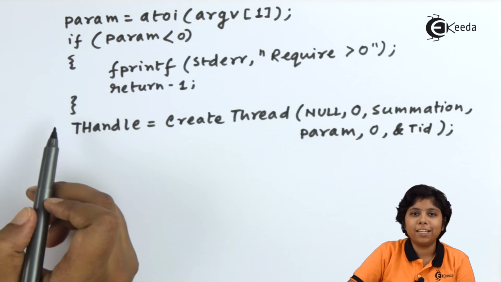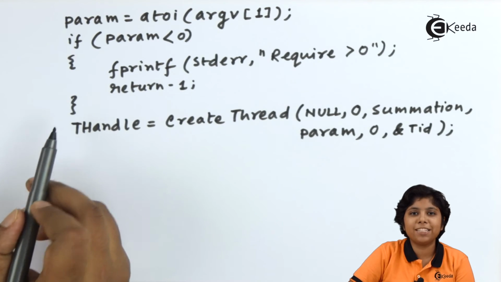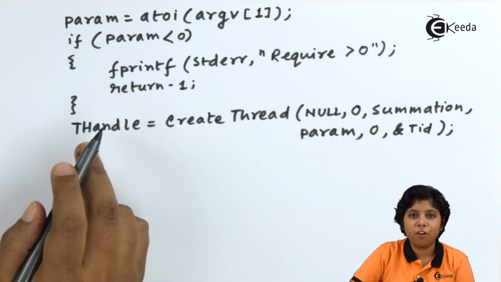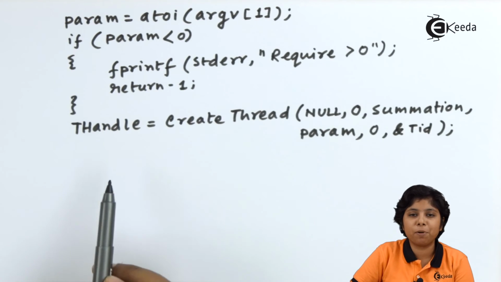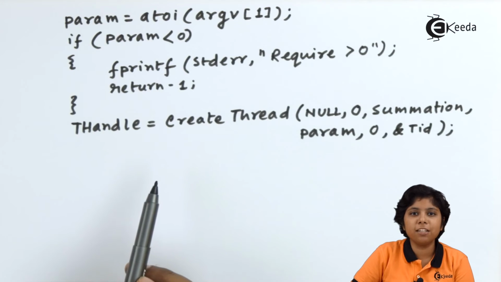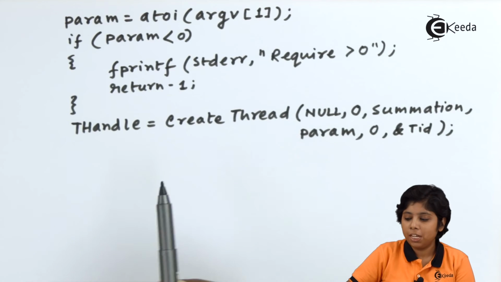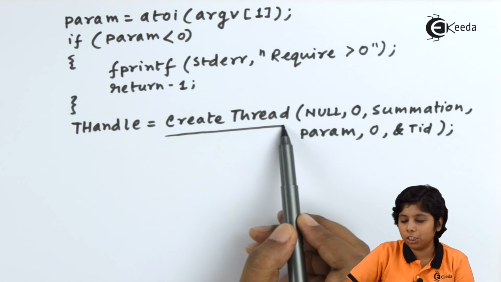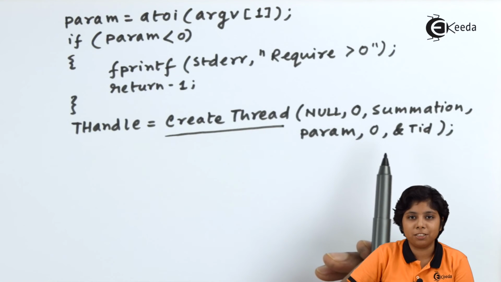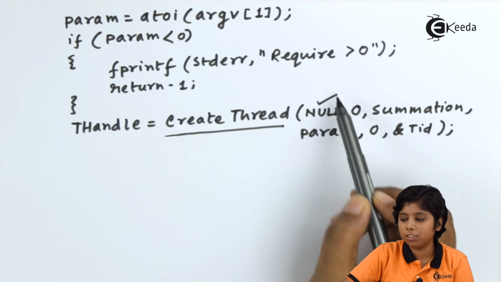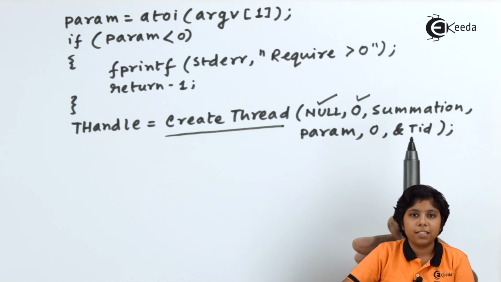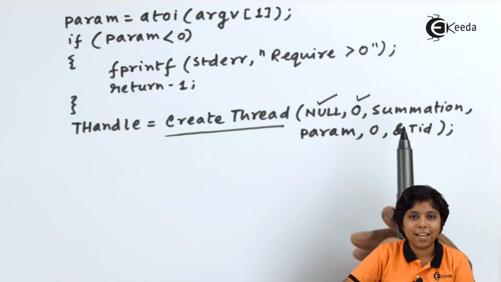Now after checking that the input number is non-negative, we are actually creating the separate thread using the CreateThread function. Here in the CreateThread function, we are passing the parameters. The first one is the default security information. The next one is the default stack size.